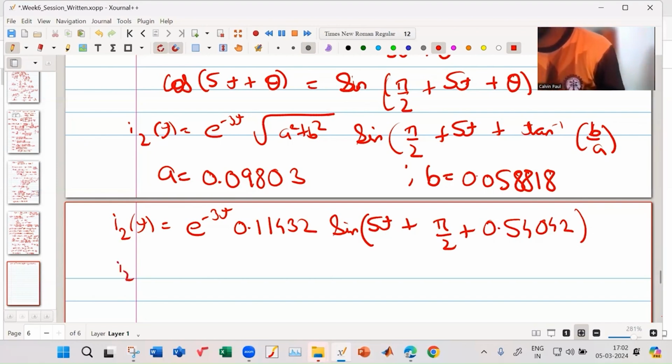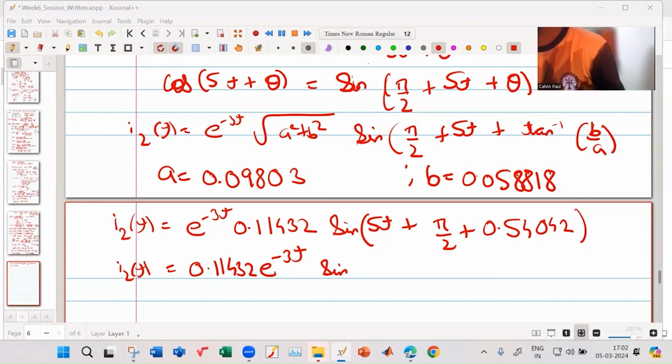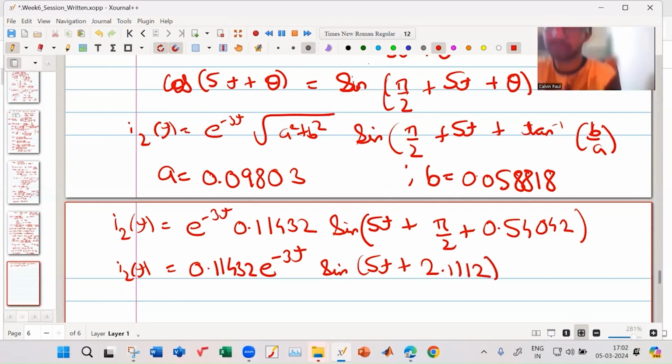So this I2 of t is equal to 0.11432 e raised to minus 3t into sine of phi t plus pi by 2 is 1.57 plus 0.54042. This becomes 2.1112. This is the value. So this is my I2 of t.